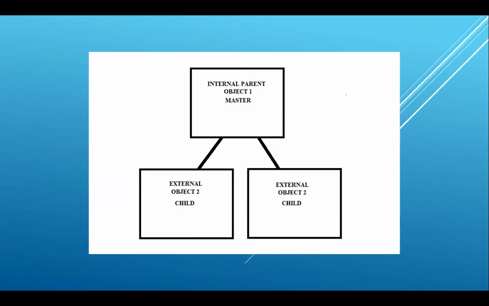Okay. I don't know how many people use this or how often it comes up. It has never come up for me, and neither has the external lookup, which is kind of the inverse of the other, and that is an external parent and then internal children.